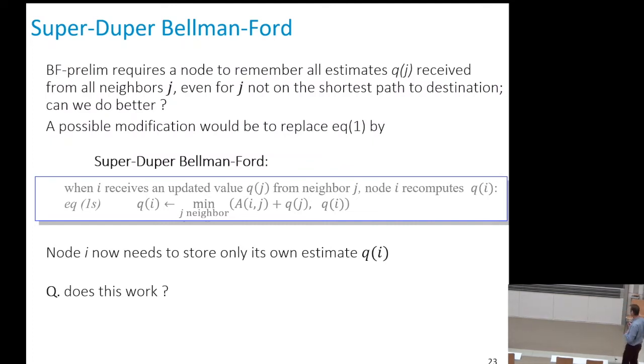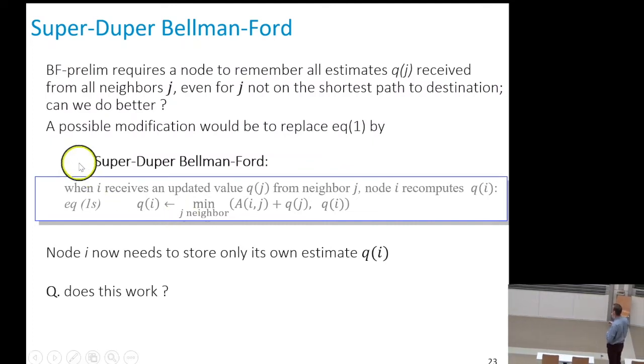So Homer proposed this algorithm, which he calls super duper, which simply says I don't need to remember this, because the only thing I will do is compare whether something can improve. So all I need is to compare my own estimate, my distance to destination.